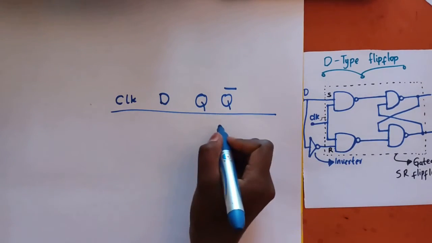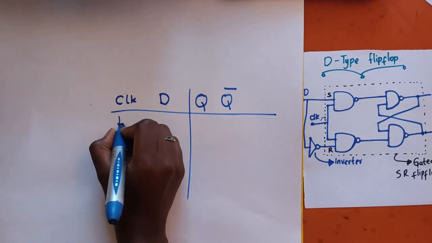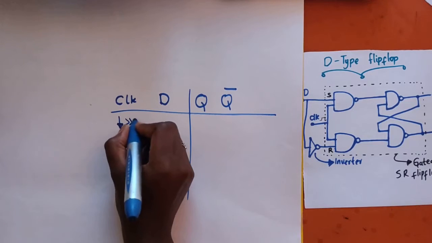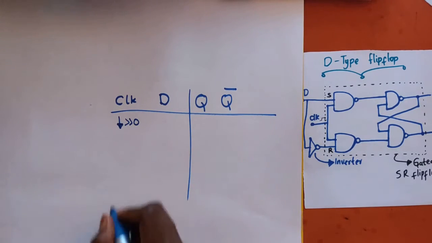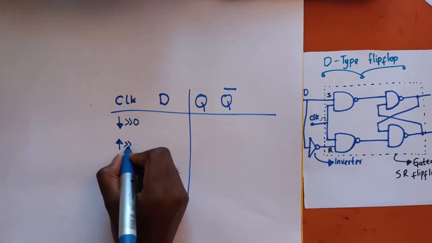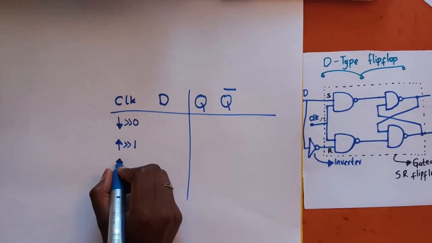Let me just divide it that way. When we said it's edge triggered, when that is low, that means the clock is 0. Then when the clock is high, that is clock is a 1.